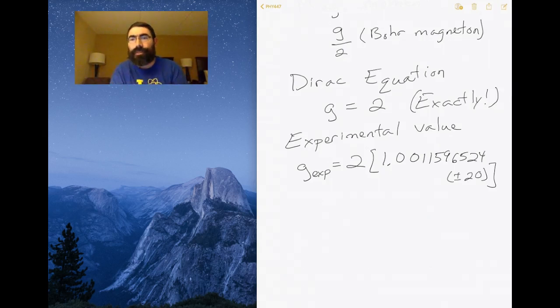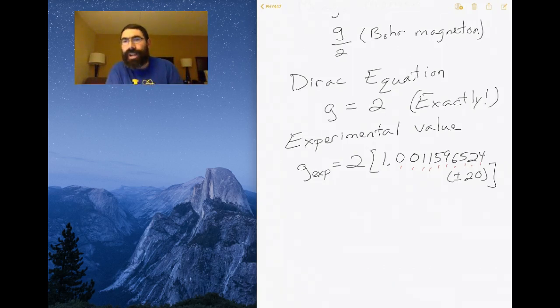So this G has actually been measured to, let's see, 1, 2, 3, 4, 5, 6, 7, 8, 9, 10 decimal places with an error on the last 2 decimal places. So this is a fantastic measurement with tremendous precision involved.